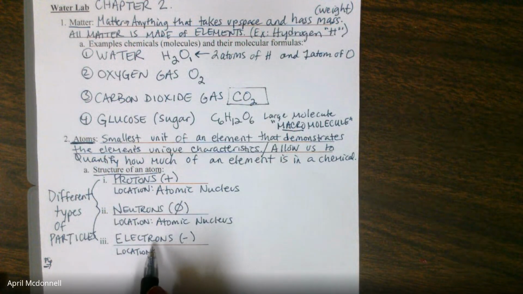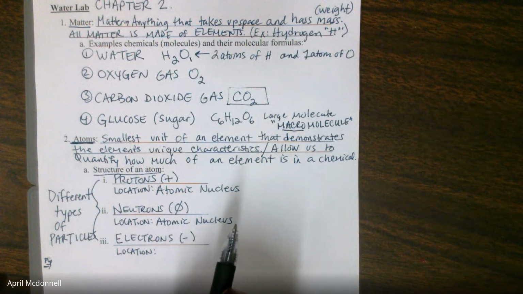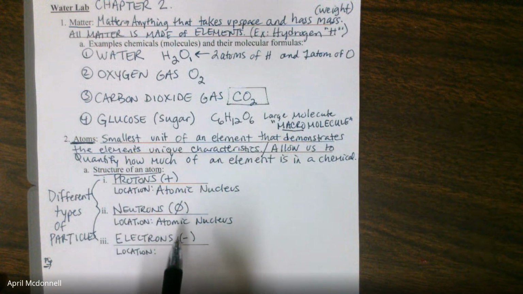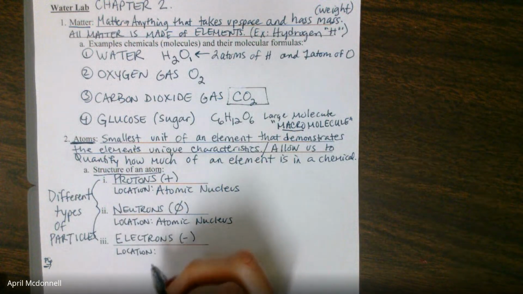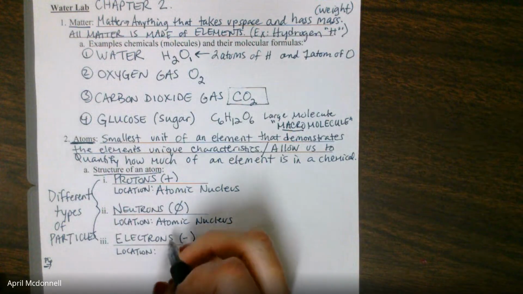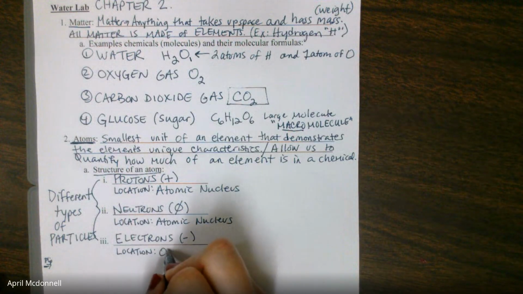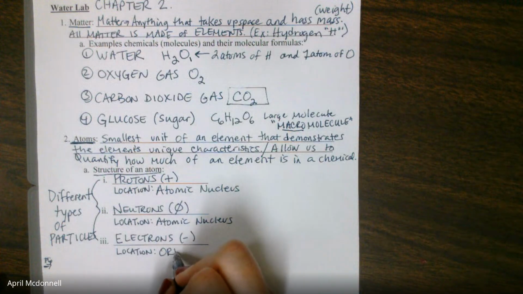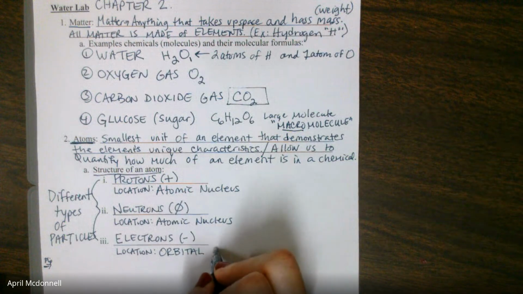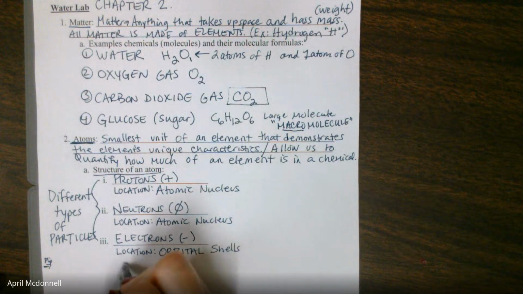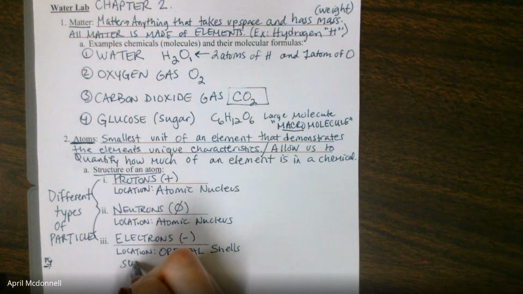And the location for the electron particles is circulating around the atomic nucleus. So we will say that the electron particles are located in the orbital shells surrounding the nucleus.